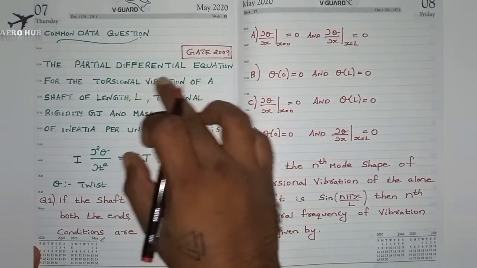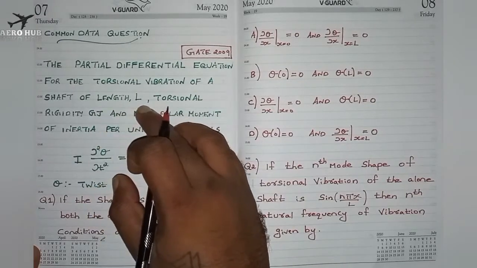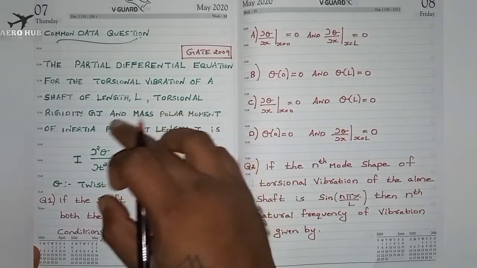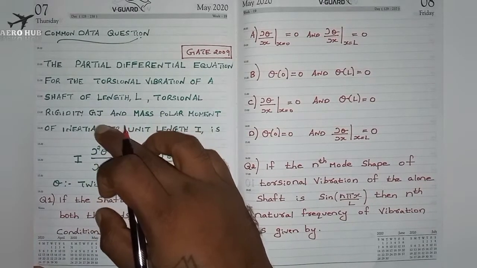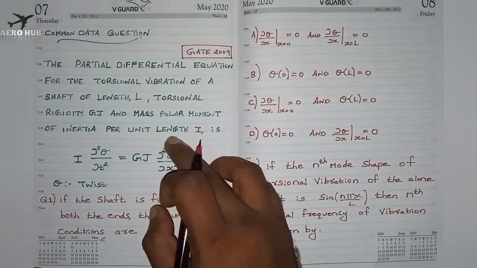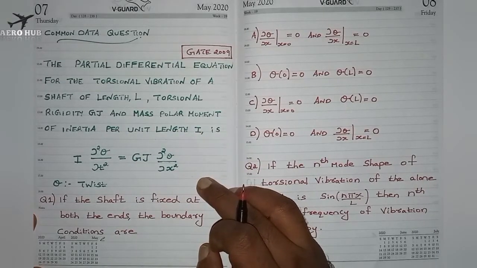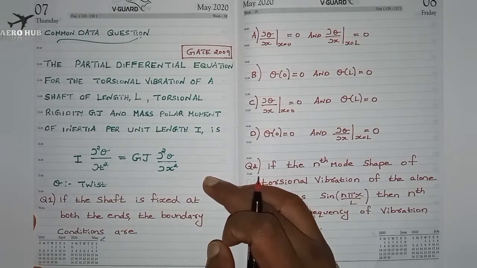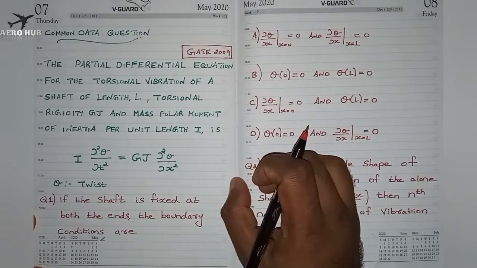You can see the partial differential equation for the torsional vibration of a shaft of length L, torsional rigidity G into J, that is the product of shear modulus and polar moment of inertia, and the mass polar moment of inertia per unit length, capital I. If you remember the last lecture, we discussed the governing equation, the general solution, and also the standard natural frequencies for standard boundary conditions.